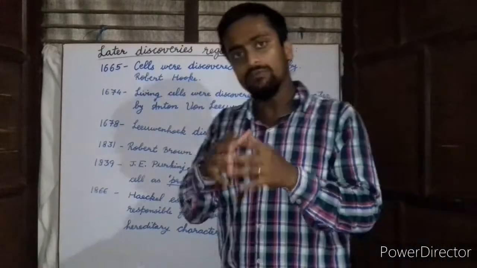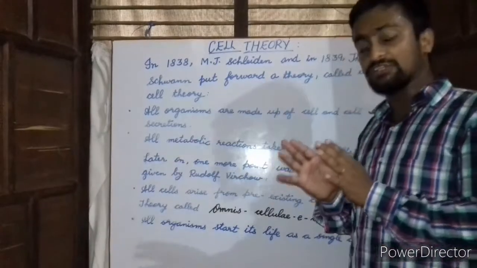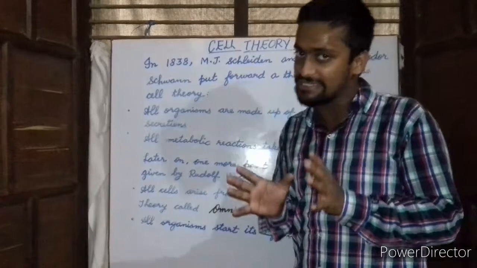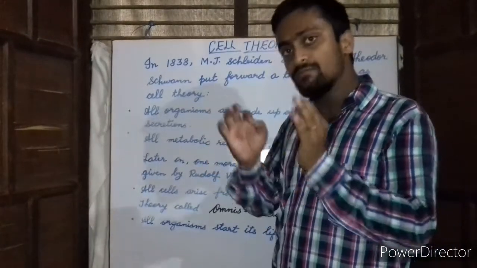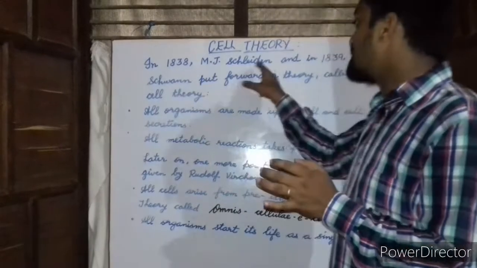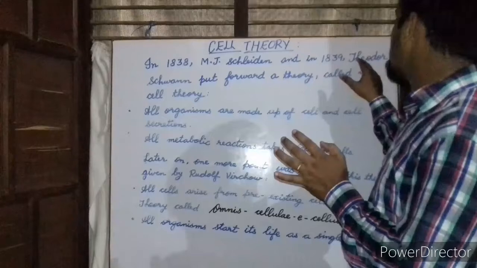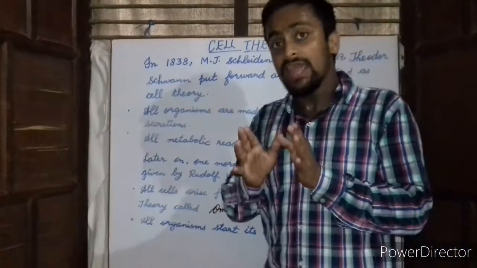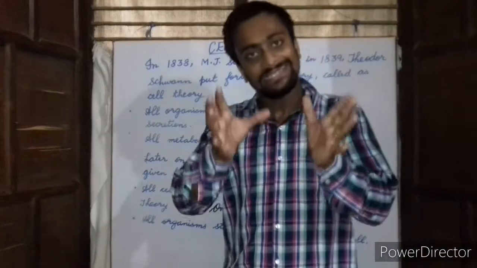Later on, a theory was established called the cell theory. Some major breakthrough discoveries in the structure of the cell. In 1838, a German botanist called M.J. Schleiden, and in 1839 a German zoologist called Theodor Schwann, after studying the cells independently, put forward a theory called the cell theory.